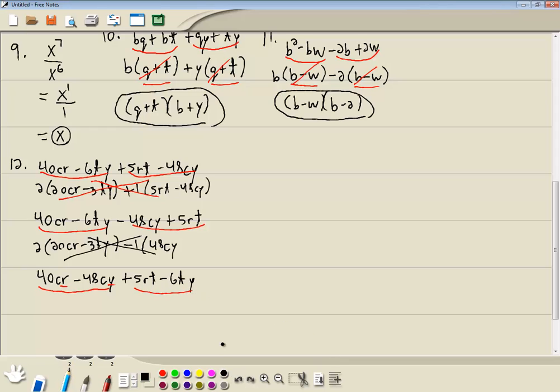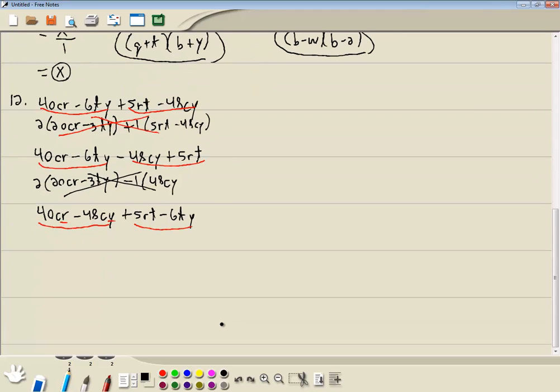So I'm going to factor out GCF. The first group would be 8, I guess, 8C. And that gives us 5R minus 6Y. The second group has a T in common, so I factor out a T, and that gives us 5R minus 6Y.